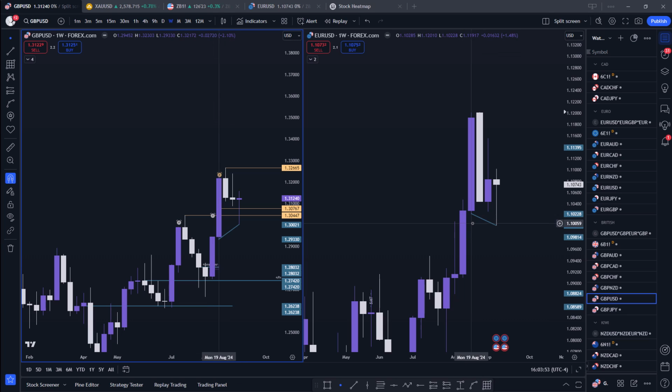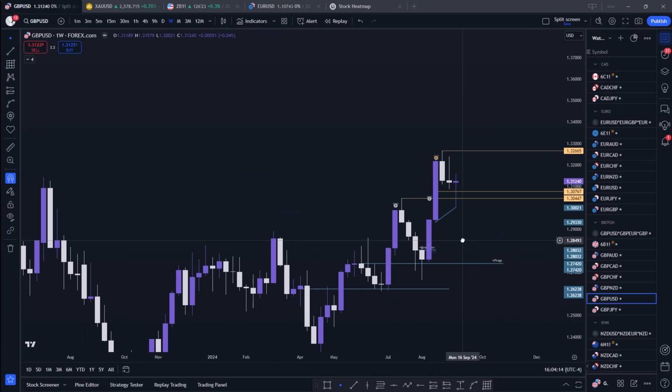I don't know how else to make this clearer than it is already, but I'm really bullish on these two because of the dollar, and I'm even more bullish on GBPUSD because you can clearly see it's the stronger one of the two asset classes or markets or pairs.